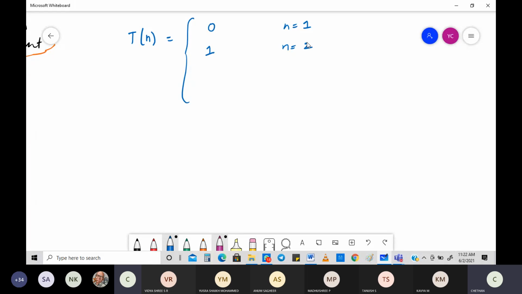Then, if there are more than two elements, we need to do the left part, we need to do the right part, and of course we need to merge both the left part and the right part. See how I write it. This is the most important part to remember.